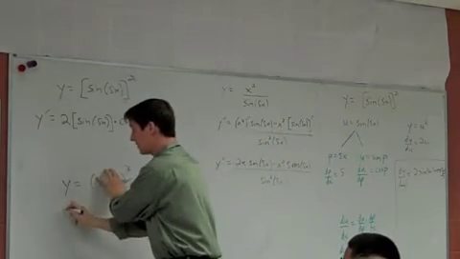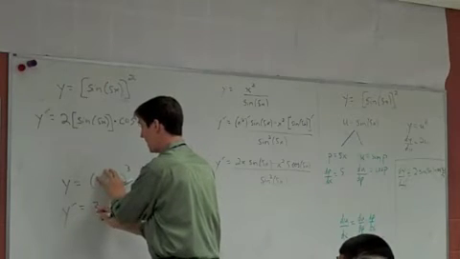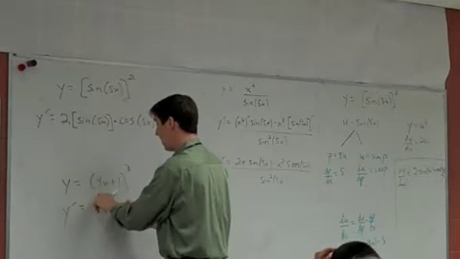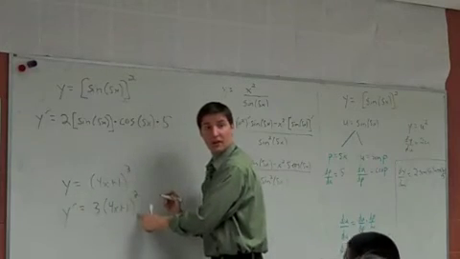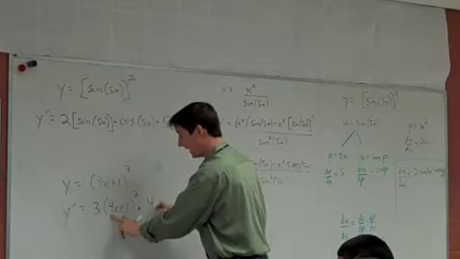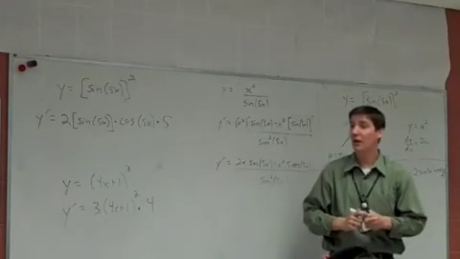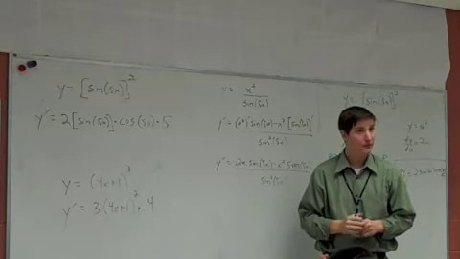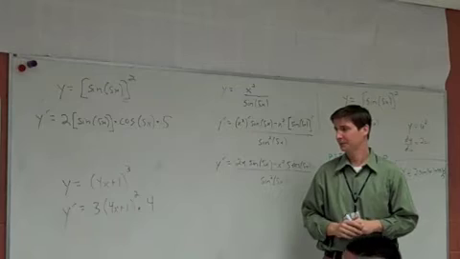The derivative of this is going to be, I need to bring this 3 down first. 3. Leave this alone. You can't touch anything inside until you've done the first part. And then times the derivative of what's inside. The derivative of 4x plus 1 is 4. Does that make sense? And that should be what we got on that first problem.